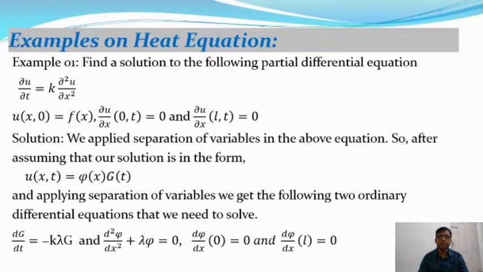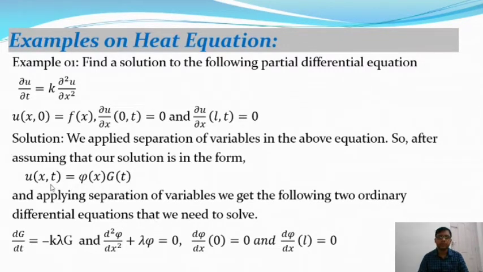We apply separation of variables. Assuming our solution is in the form u of x comma t is equal to phi of x into g of t, or you can take f of x into g of t; you can take any one of these two. I will take phi of x. Applying separation of variables, we get two ordinary differential equations that we need to solve.